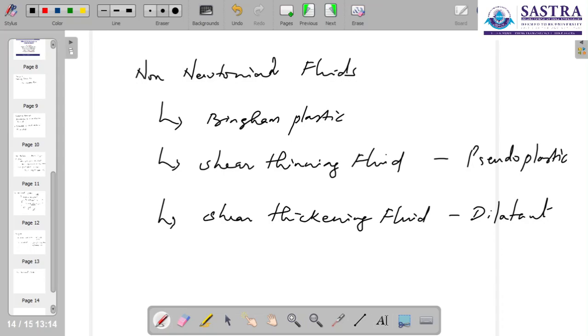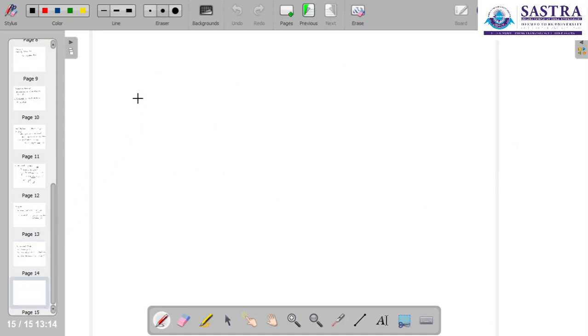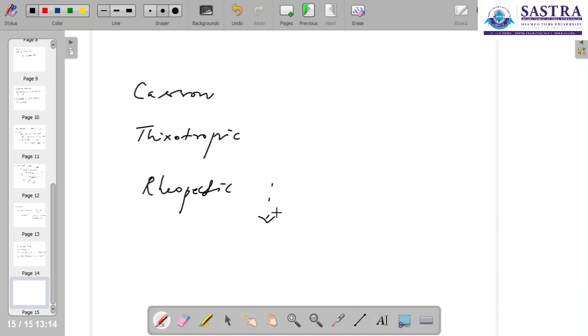We also have other types such as Casson fluid, thixotropic fluid, rheopectic fluid, and other varieties. I expect you will go back and look into examples of these, and in our next learning capsule I will take on the mathematical expressions typically used to describe non-Newtonian fluids.